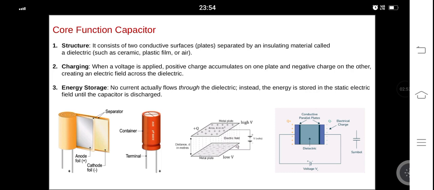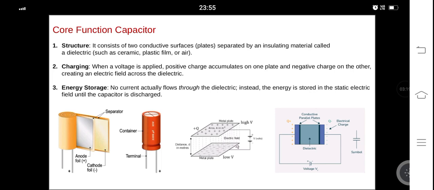That separator we call the dielectric. It may be ceramic, plastic, films, or air. The terminals of this capacitor are the anode and the cathode. Anode is always positive polarity, cathode is negative polarity.